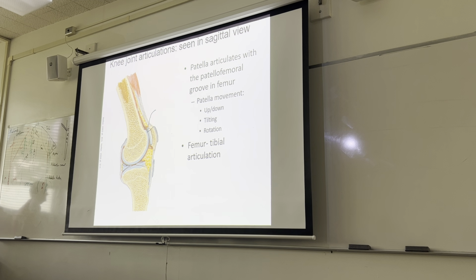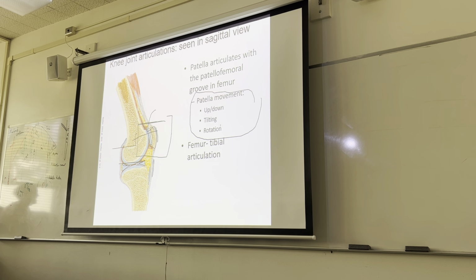These are called menisci in between the femur and the tibia to kind of reduce stress. And so anyways, let's think about this little articulation site between the sesamoid bone and the patella, which is growing in the tendon of quadriceps and the femur. You can see a little bit of movement there, some tilting, rotation, up and down movement.